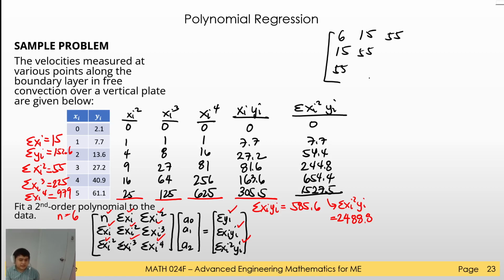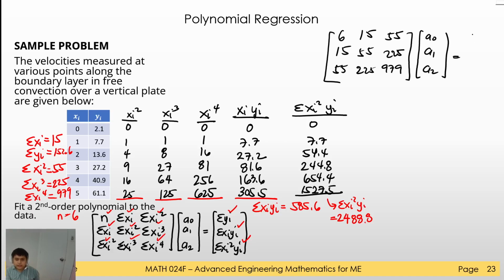We have the summation of xi cubed, 225, and then xi to the fourth, 979. And then a naught, a1 and a2.